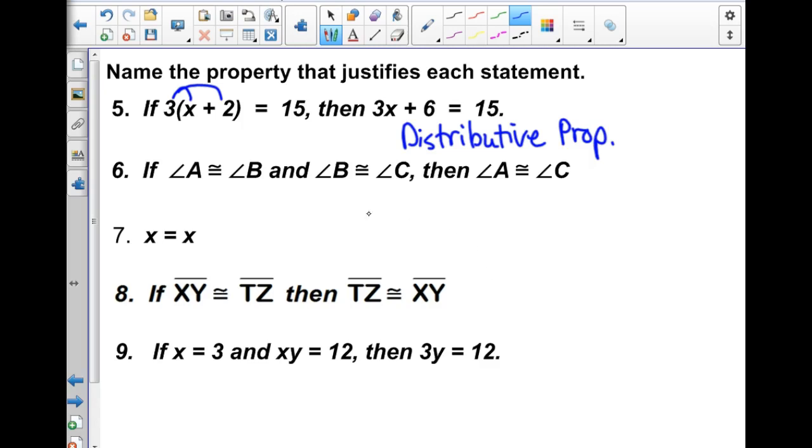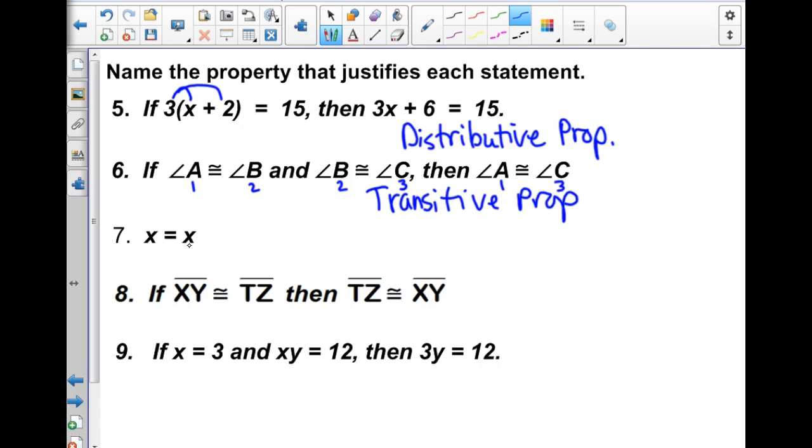Number 6 says if angle A is congruent to angle B and angle B is congruent to angle C, then angle A is congruent to angle C. That is the transitive property for angles. You can write just transitive property.